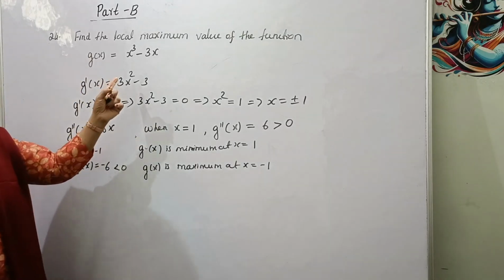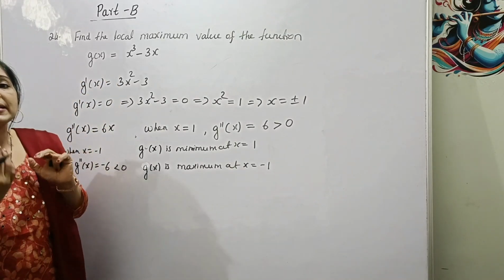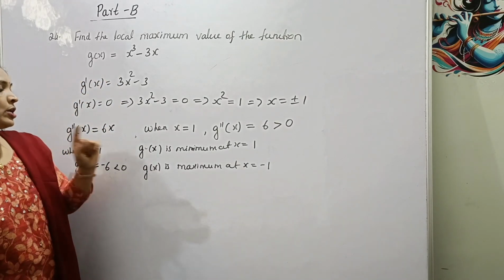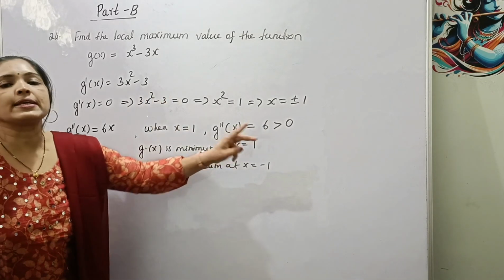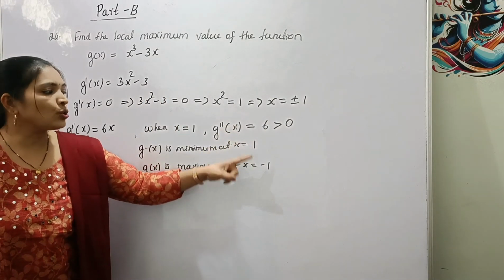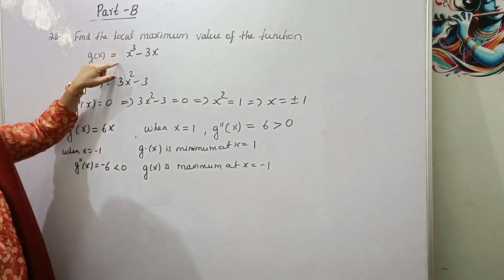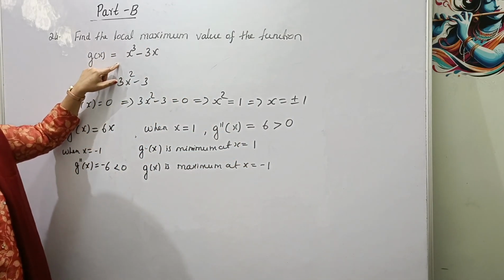So here what is the question? We have to find the local maximum value of the function. Okay, so here we have got g of x is maximum at x is equal to minus 1. Now substitute this x is equal to minus 1 in this g of x, that is the maximum value.